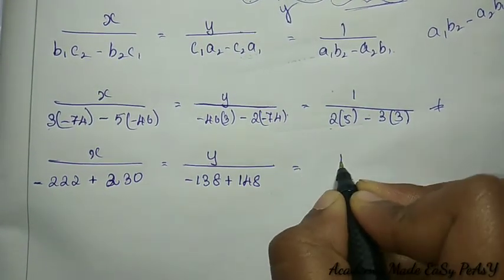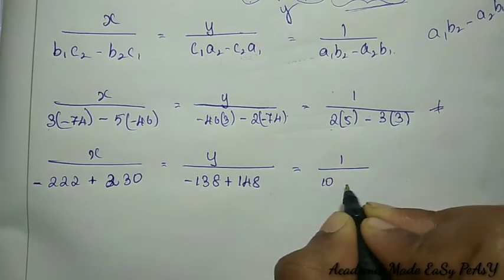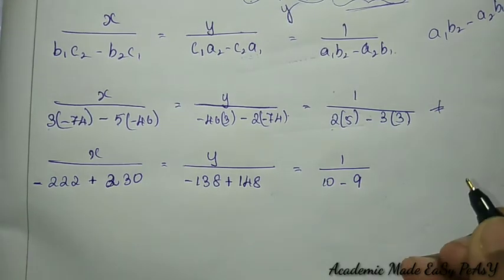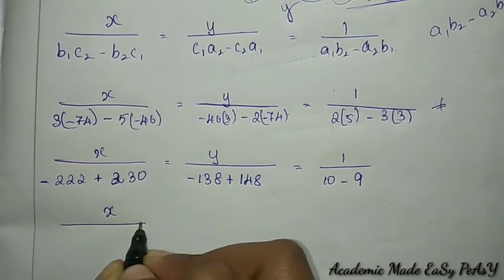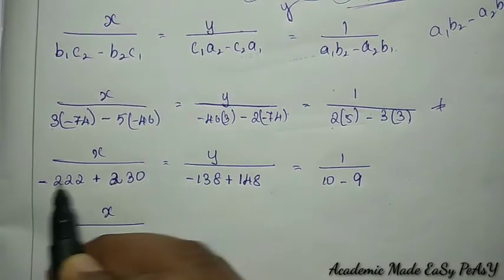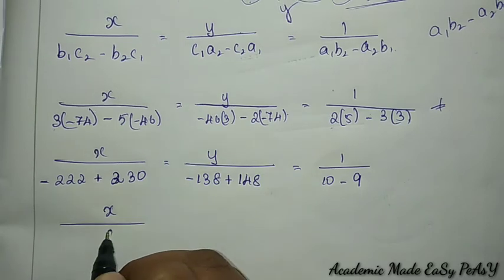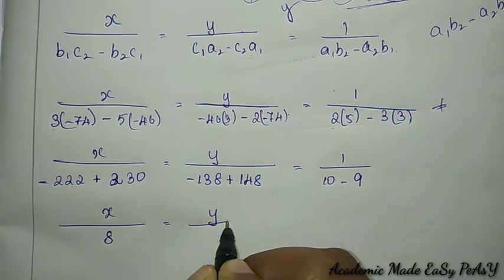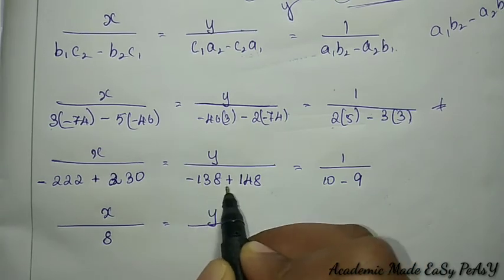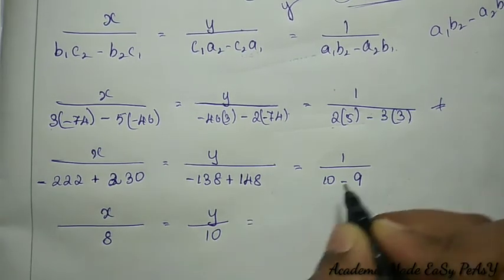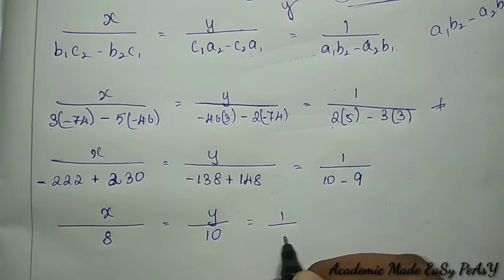Equal to 1 by 2 fives are 10 minus 3 threes are 9. Now subtracting: x divided by 230 minus 222 is 8, equal to y by 148 minus 138 is 10, equal to 1 by 10 minus 9 is 1.